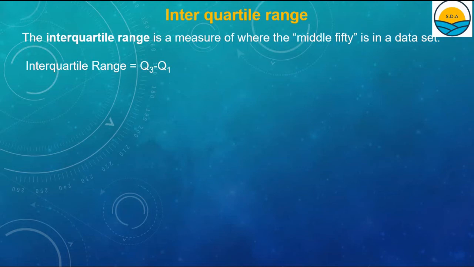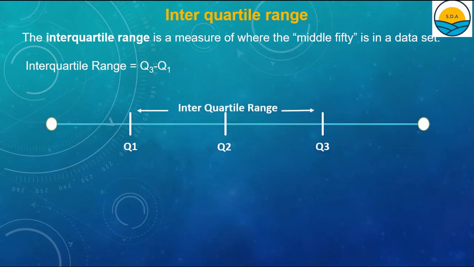As we know that quartiles divide data into 4 parts, so each part has to contain 25% of the data. So interquartile range, which is between Q1 to Q3, will contain 50% of the total observations or the total values in the data.